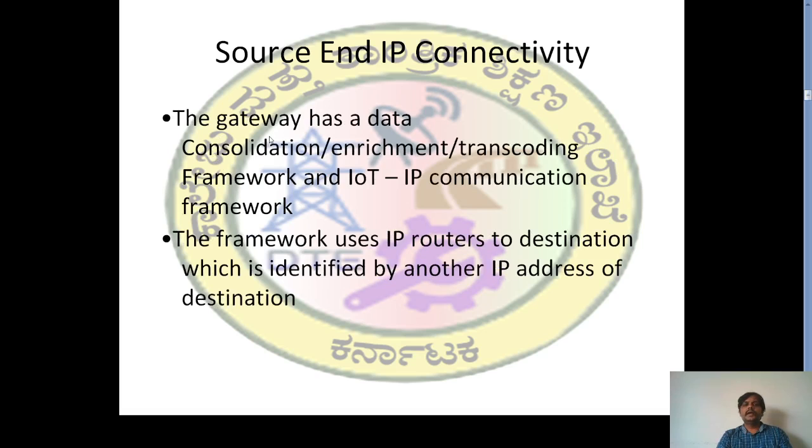The gateway has the capability of data consolidation and data enrichment, and it also performs transcoding. The framework uses IP routers to reach the destination, which is identified by the destination IP address.